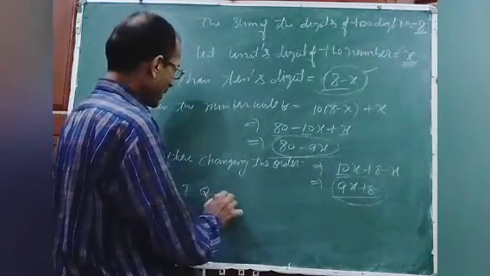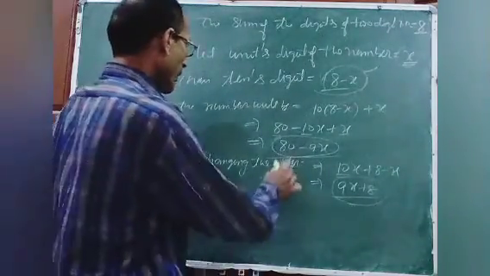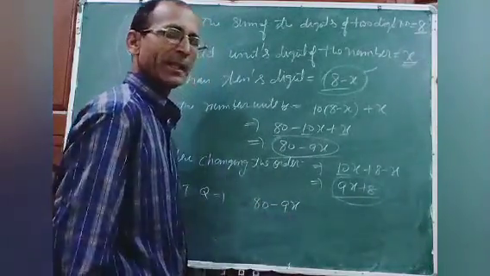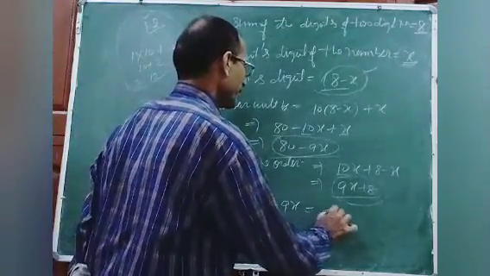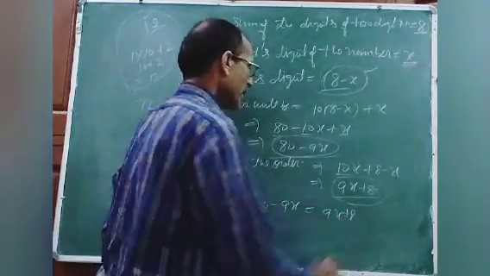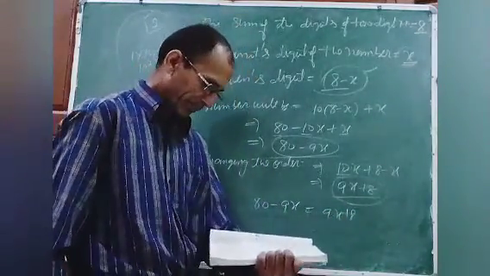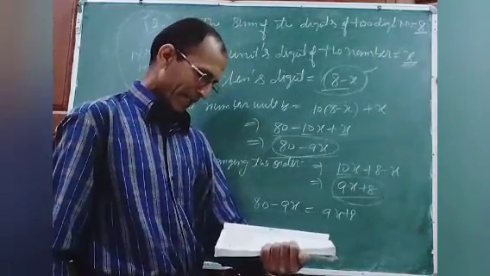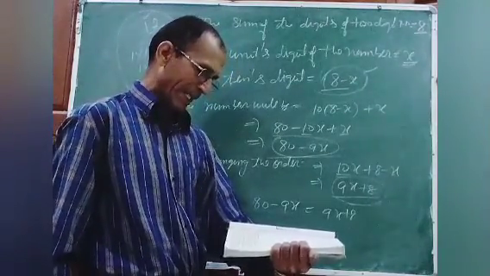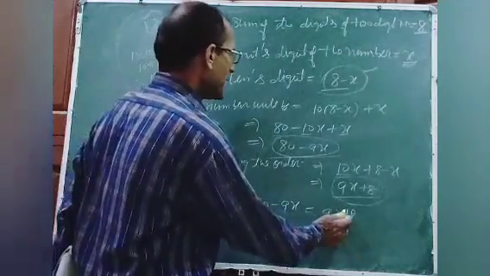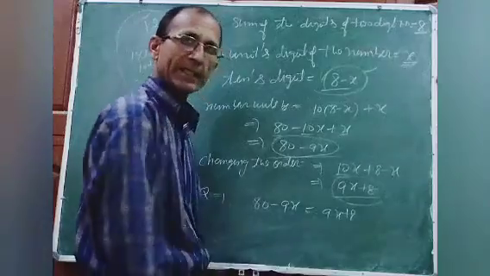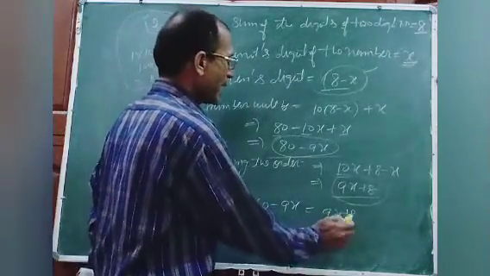Original number is 80 minus 9x and new number is 9x plus 8. So what is the condition? If its digits are reversed, the new number so formed is increased by 18. Now this becomes 18 more. Now new number is 9x plus 8. Now it is increased by 18.